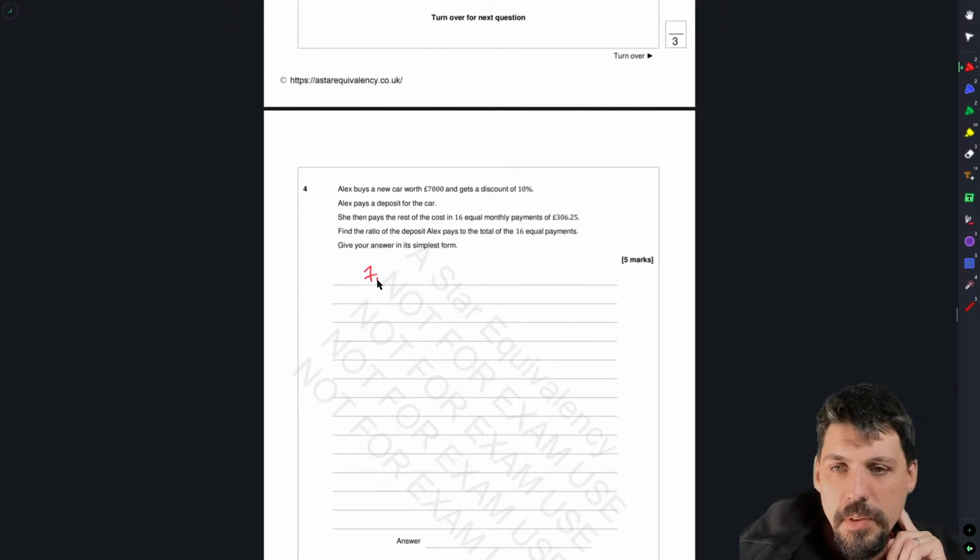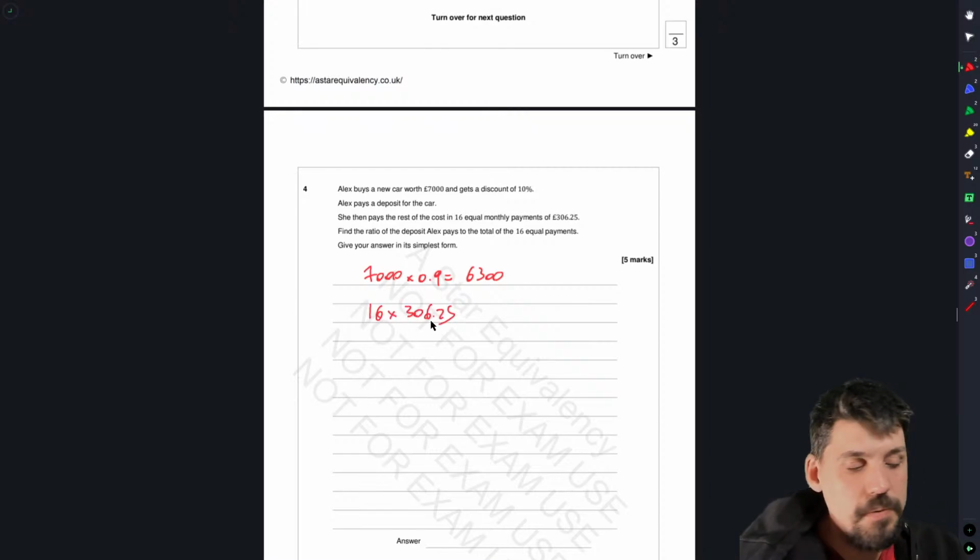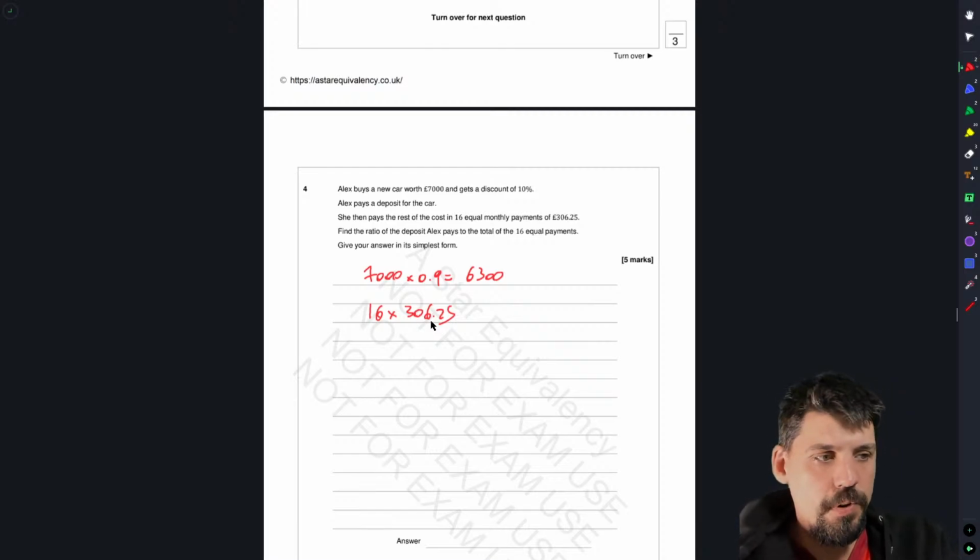Okay, so £7,000, discount of 10%. So we're going to do 16 times 306.25, and we've officially reached the point where I am going to use the calculator.